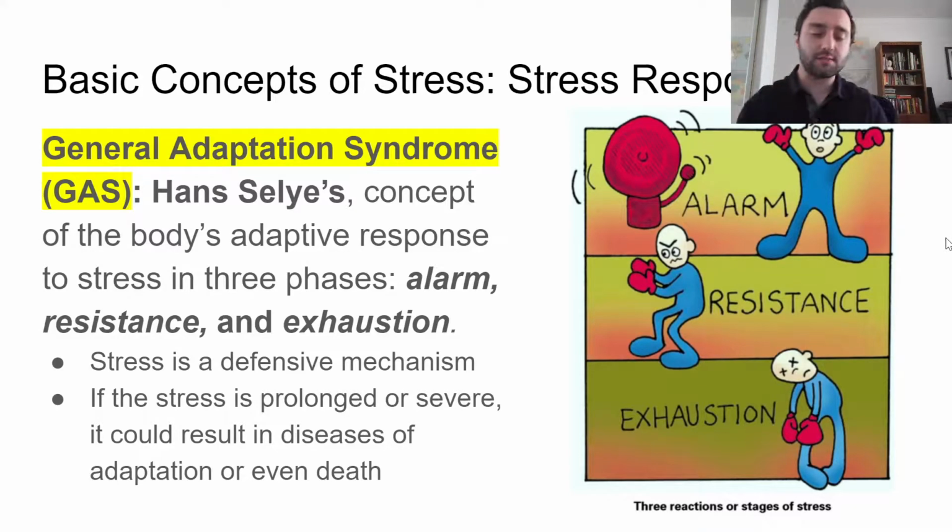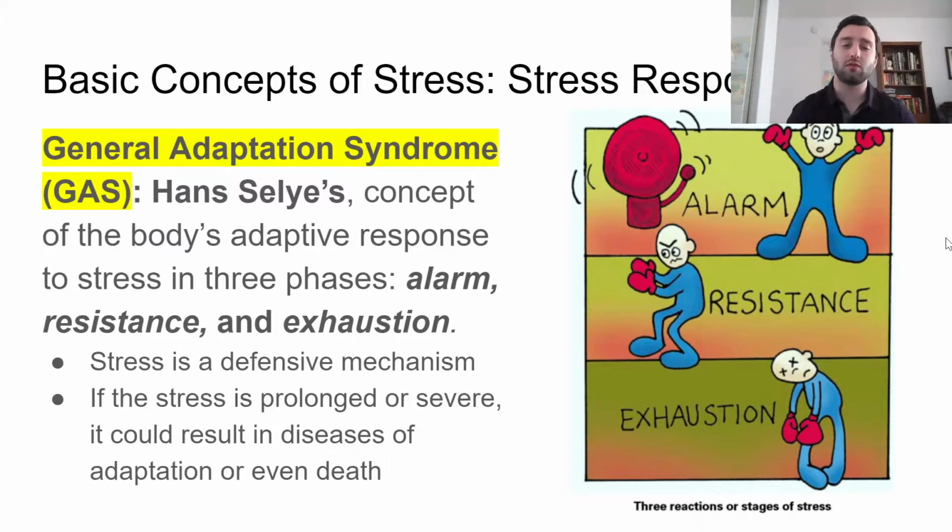Now, stress is basically a defense mechanism. What it's there to do is to help us deal with whatever this situation is that feels threatening. So we have a stressor that comes up, and we have this stress response, which is there to be a defense mechanism to defend us from whatever this stressful situation is.